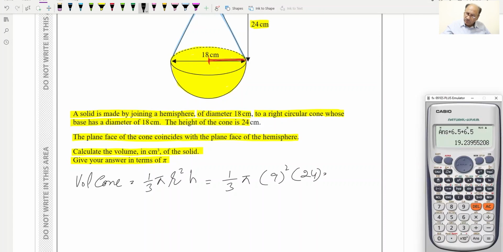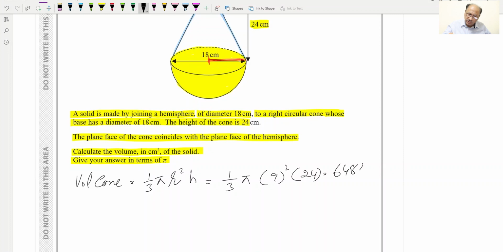We can simplify this, it will be 1 over 3, and pi we will keep as it is, because we need the answer in terms of pi, and this will be 648. So 648 pi, this will be the volume of the cone.